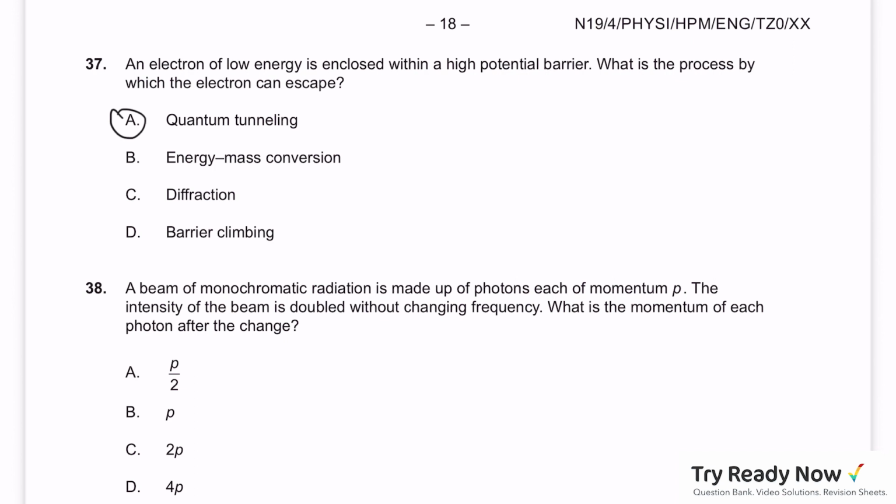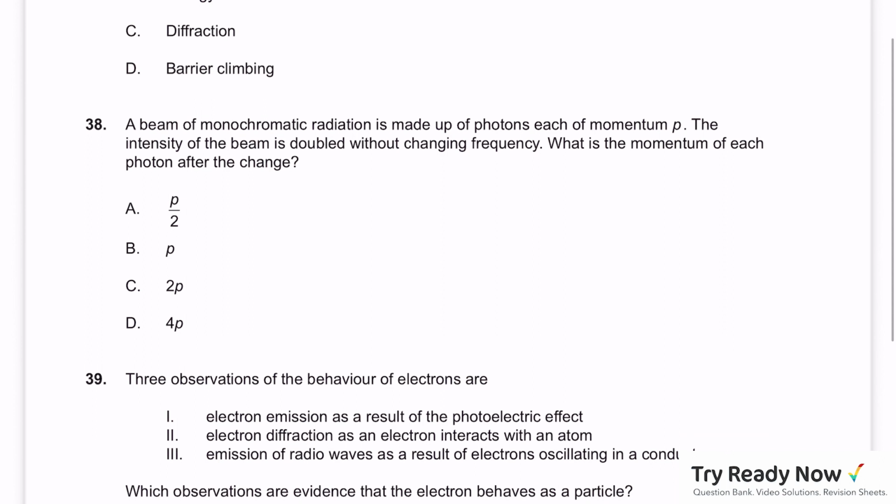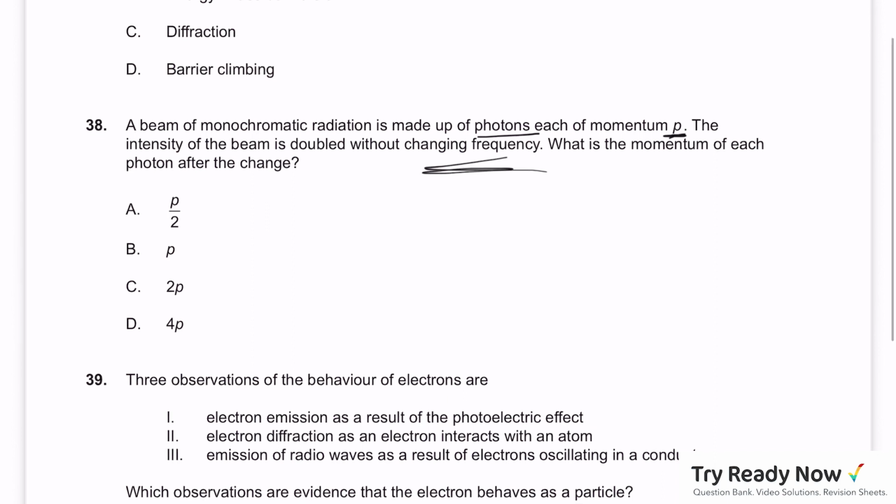Okay, next question 38. We have a beam of radiation made out of photons, with momentum p. Now the intensity of the beam is doubled without changing the frequency. So if we go to subtopic 12, we see that the energy in radiation, E, is not dependent on the intensity.